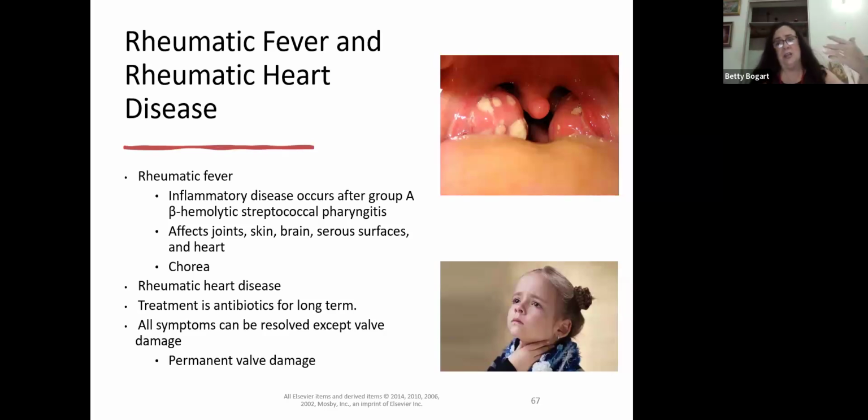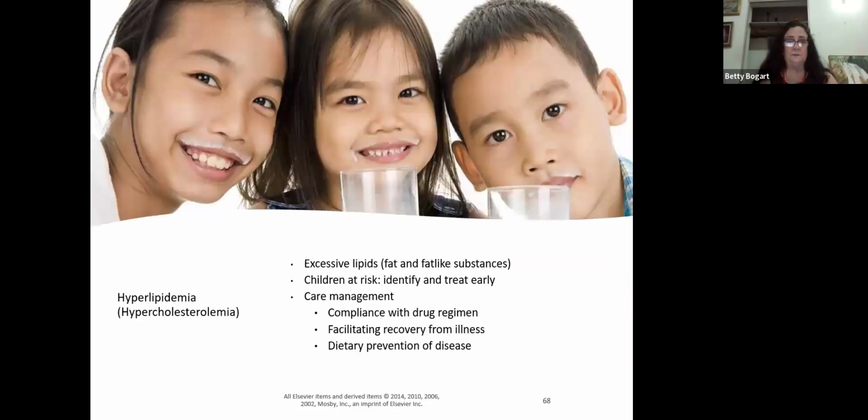And if we allow it to continue, it could cause permanent heart valve damage. Usually it's the mitral valve. Treatment, long-term antibiotics. And that's to treat the strep. And everything can be reversed except the heart valve. Once it's damaged, it's damaged.